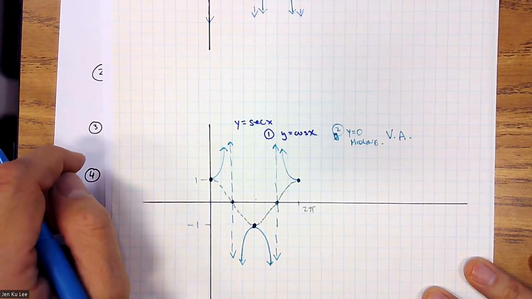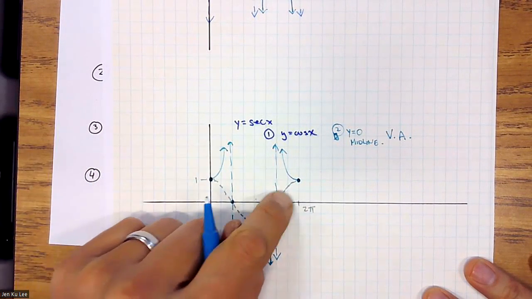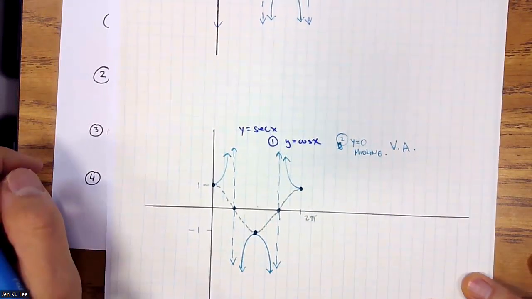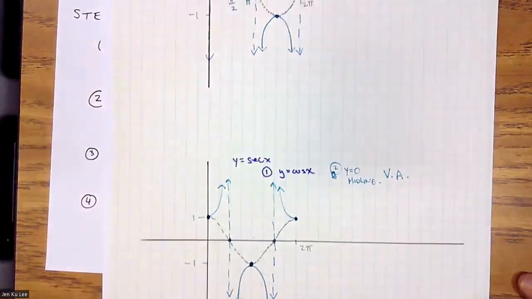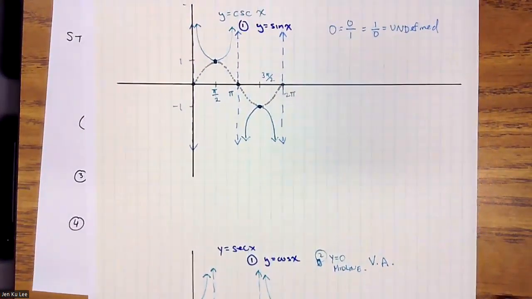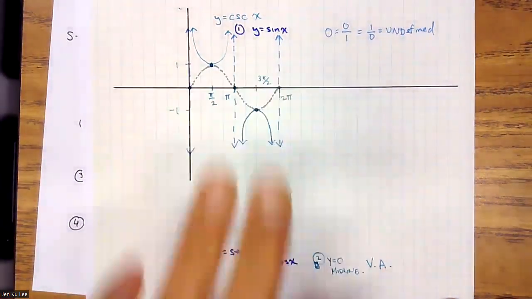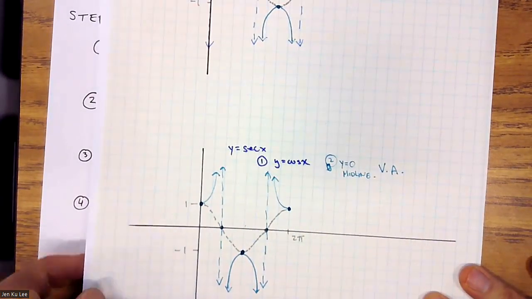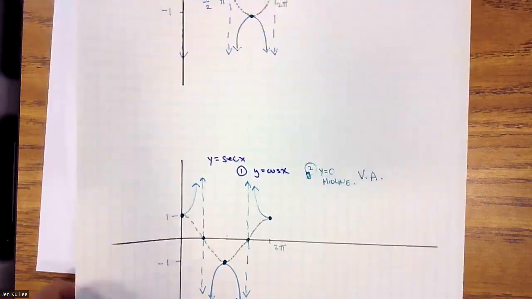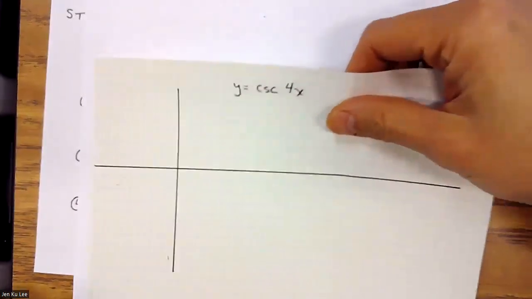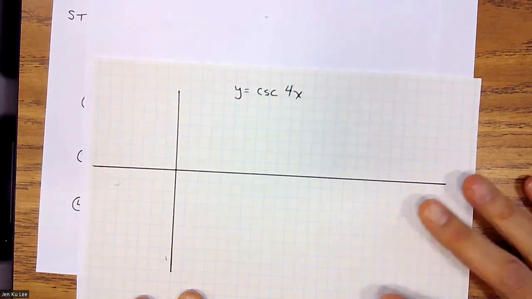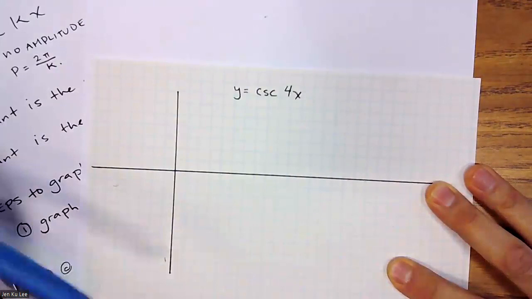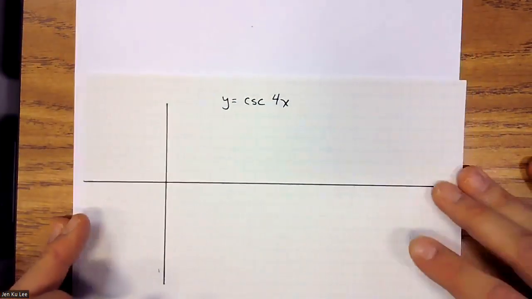Simple enough. We're essentially going to do the same thing when there are transformations. So this is your parent function, y equals cosecant of x and y equals secant of x. Next up, I'm going to add in a transformation of 4x, so we're going to graph y equals cosecant of 4x.